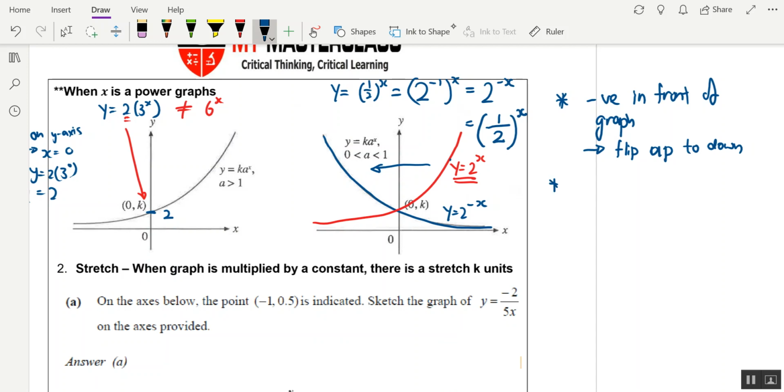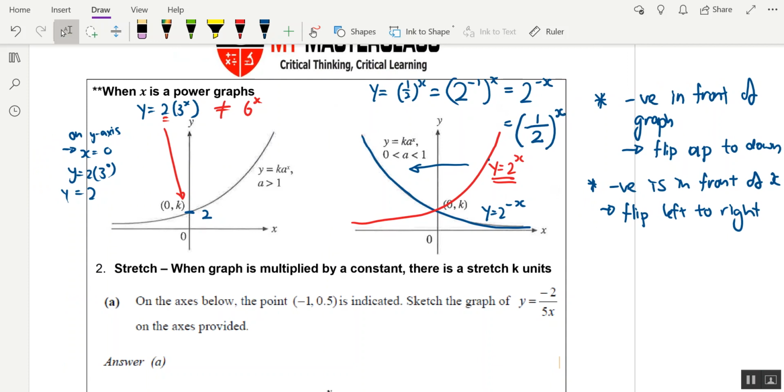But if the negative is in front of the x, and usually it only comes in this case, we flip from left to right, and vice versa as well. But in the case of O level and N level, the only time you need to flip with the negative sign is in this case, where you have a to the power of something.